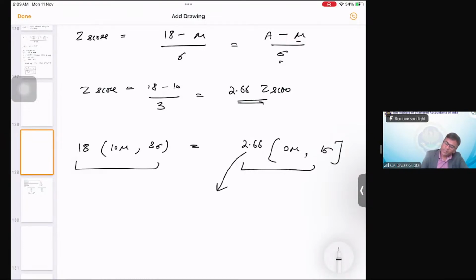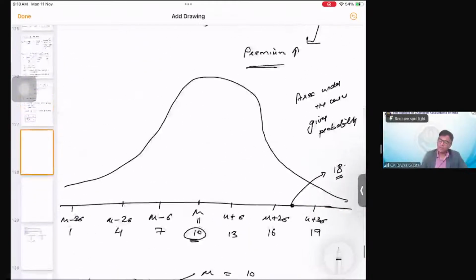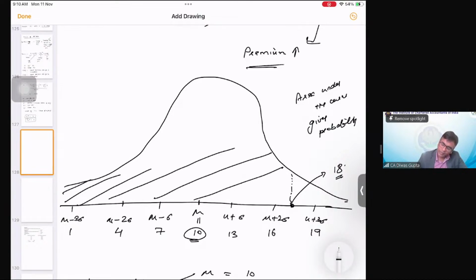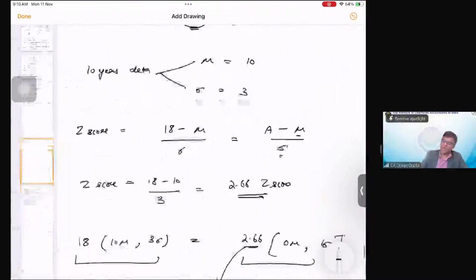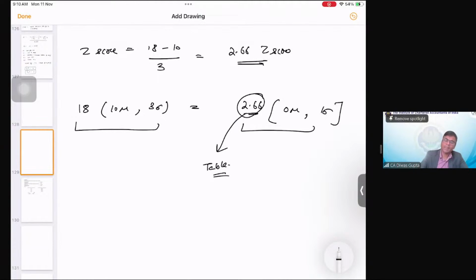Now we will put this value in the table and arrive at the area under the curve. Okay, wherever we put this 2.66, accordingly we will get the number to say the probability. And if I want to denote it like this, this whole area up to here, this whole area under the curve up to here will denote the amount the table will say against 2.66, which is the probability.